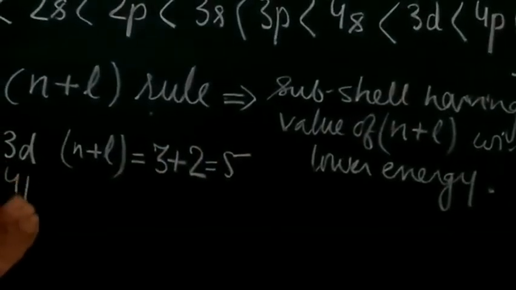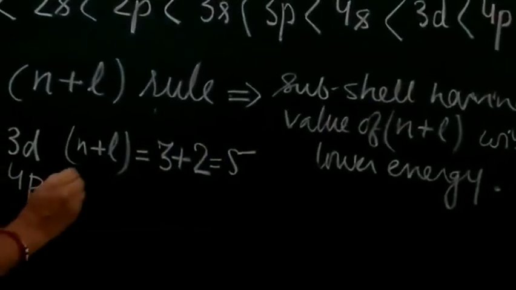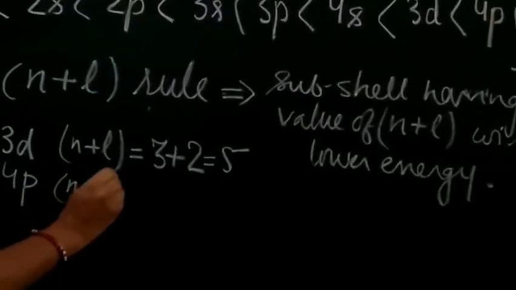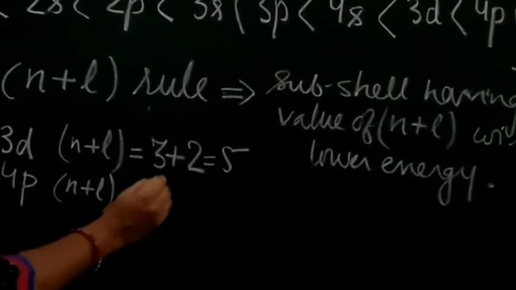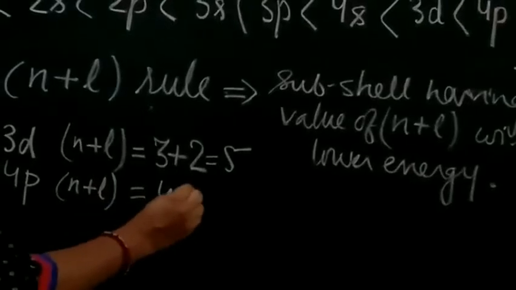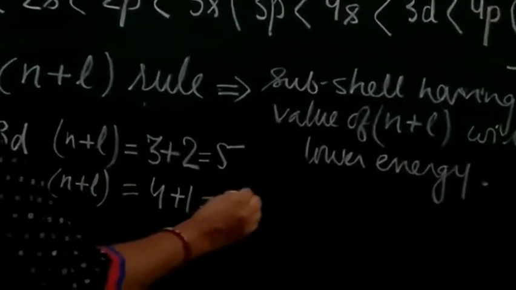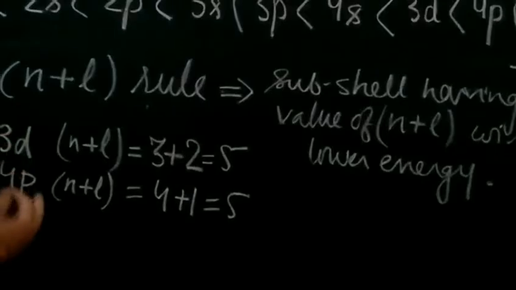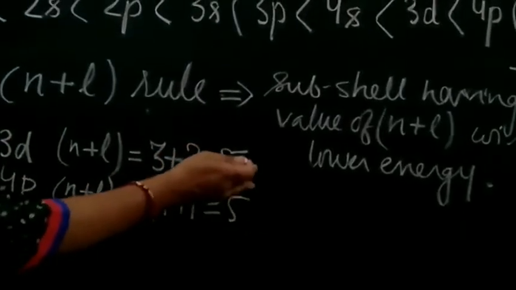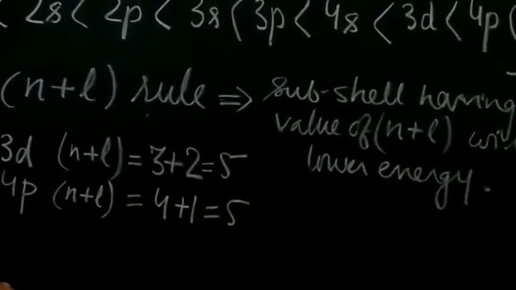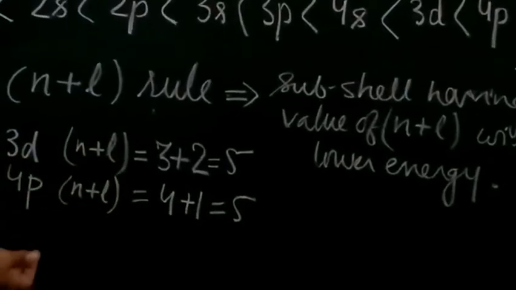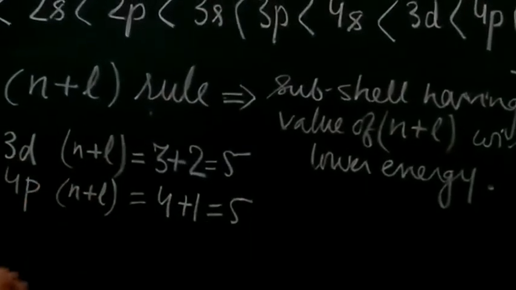In the same way, if we take 4p here, N plus L will be 4 plus 1, it is coming 5. Now you can see that for the two subshells we are having the same value of N plus L. Now in that case, which subshell will have the higher energy?